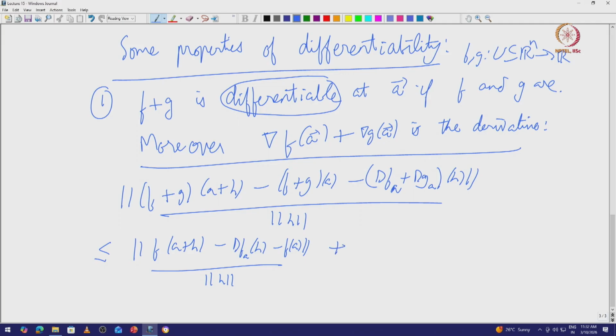I'm sorry, I'm not using the vector signs, but it's understood. For example, this should have been a vector, right? This should have been a vector and so on. But I will omit them often. This is standard practice and it's expected to be understood within the context.